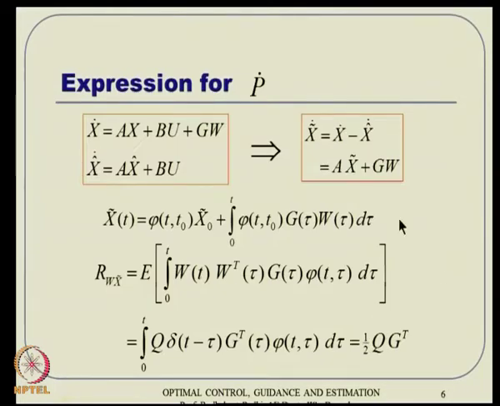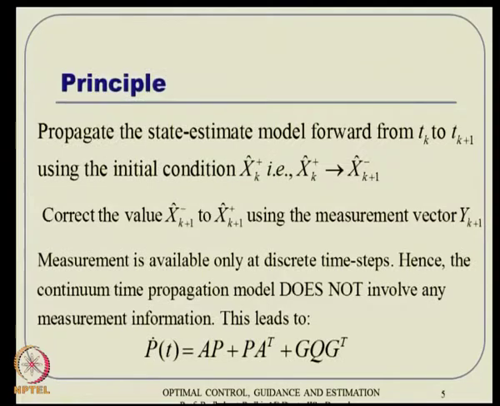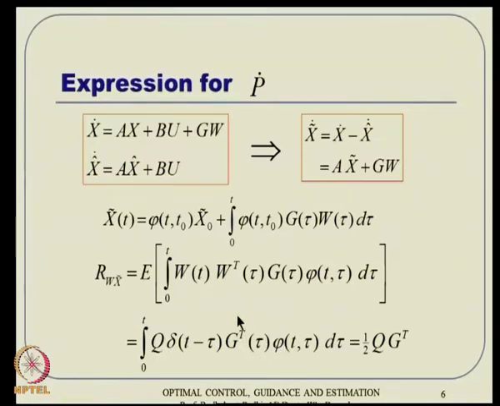We need to derive the expression for P dot. Let us say we have x dot like this, and x hat dot is of this form, because noise cannot be taken into the propagation equation, so we drop the noise term while operating in prediction mode. The error is nothing but x dot minus x hat dot, and if you take the difference, the B term will go.